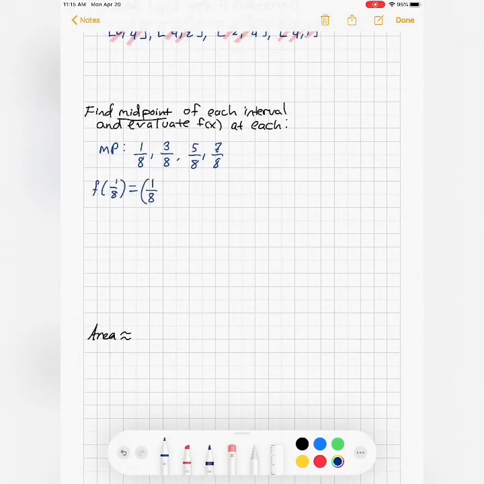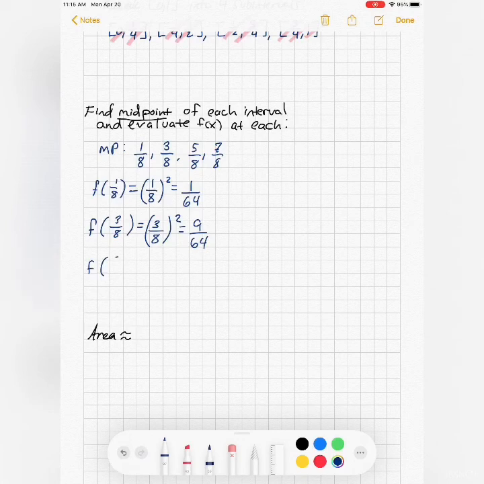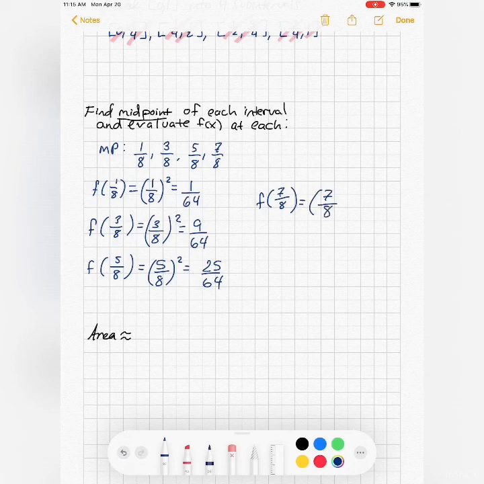Okay, so 1/8 squared is 1/64. 3/8 squared is 9/64. 5/8 squared is 25/64. And 7/8 squared is 49/64.